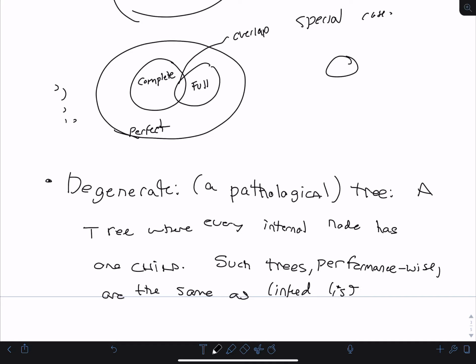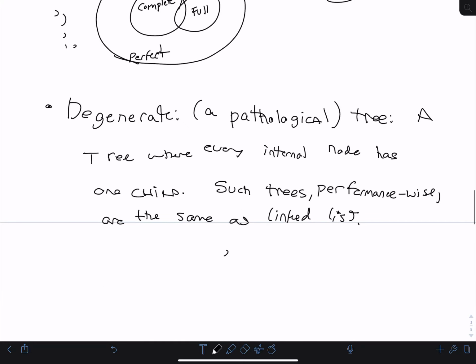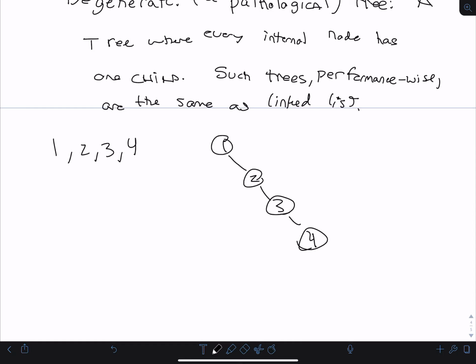Okay, so degenerate trees or pathological trees are trees where every internal node has 1 child. So that's like in the case where I have 1, 2, 3, and 4, and I insert them in that order. It's actually going to create this tree if I just insert them without any sort of balancing. I could also insert them this way.